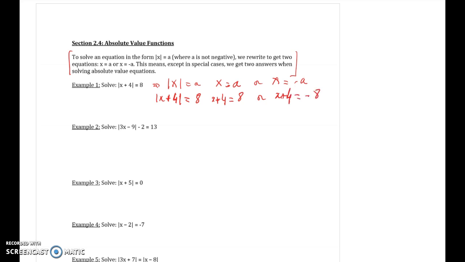By subtracting 4 from both sides of each equation, we end up with x equal 4, or x equal negative 12.